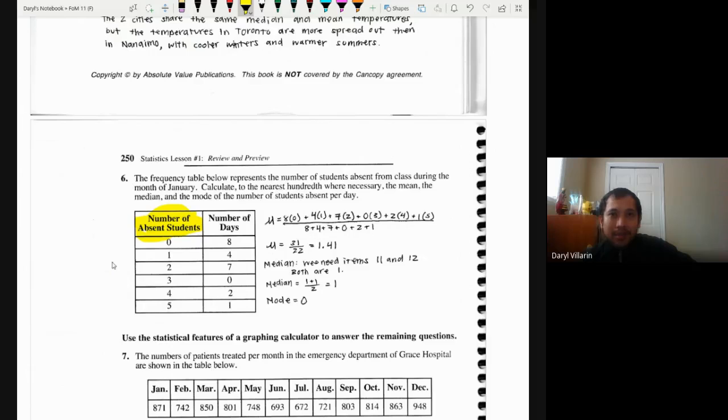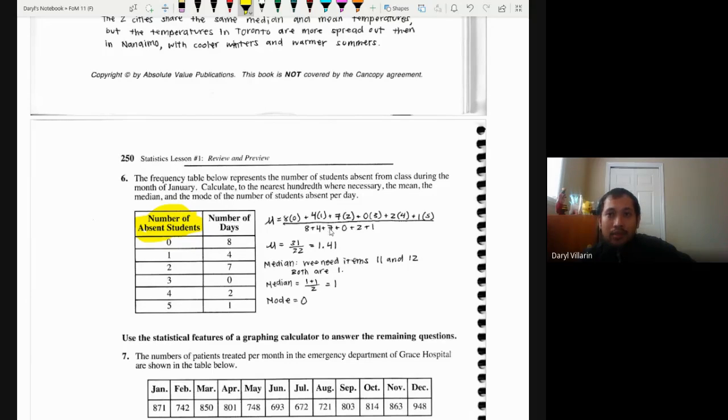If you're given a frequency table, in getting the mean, you're going to use this one. Because again, 8 times 0, because 8 is the number of occurrences wherein you have no absent student. So everyone is present. And then 4 times, or 4 days, wherein you have one student that is absent.